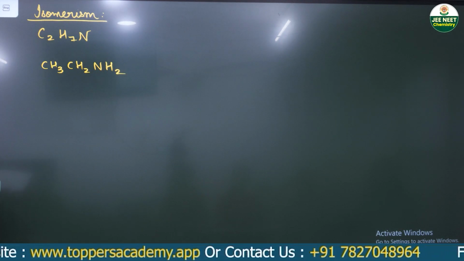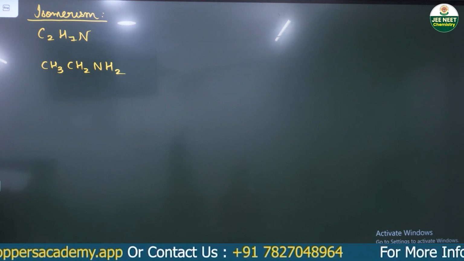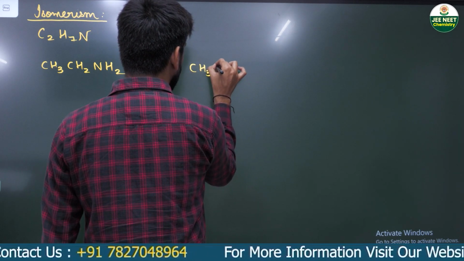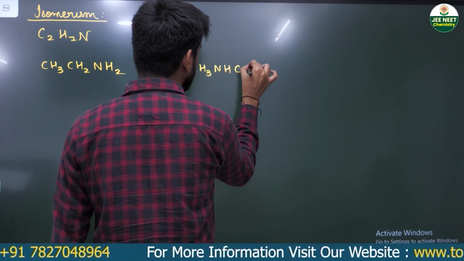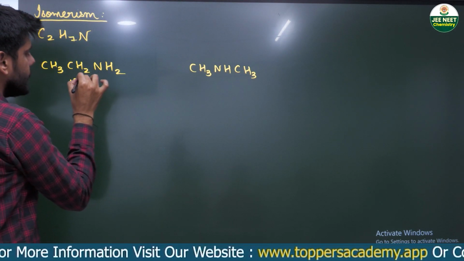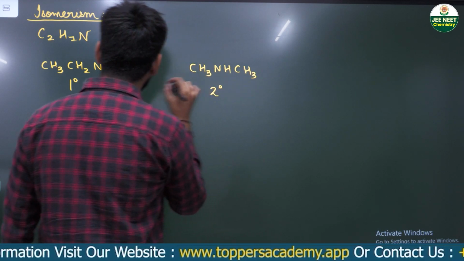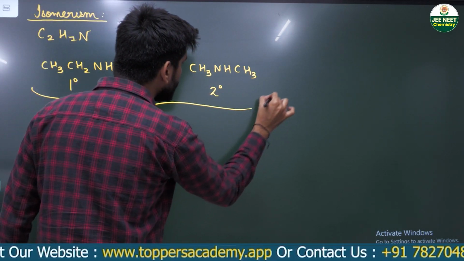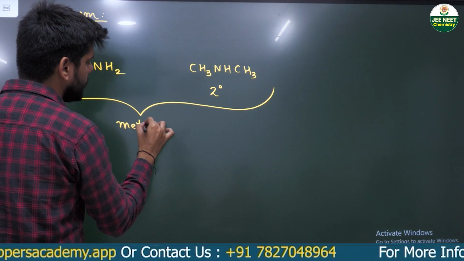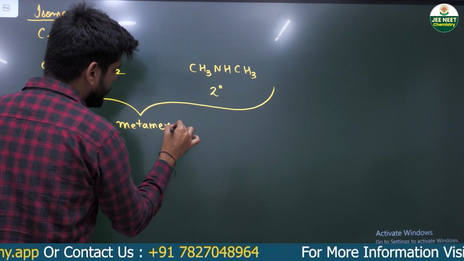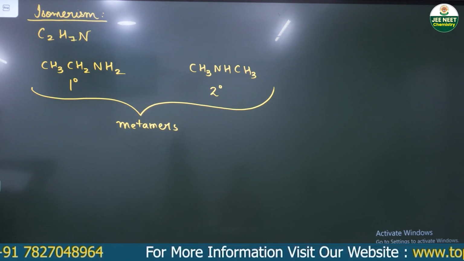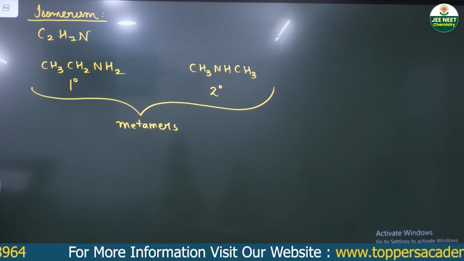Yes or no? And one of the structures possible is CH3NHCH3. This is your 1 degree amine and this is your 2 degree amine. And both of them, which type of isomers are these? They are metamers, depending upon the carbon atoms on both sides of the nitrogen atom.